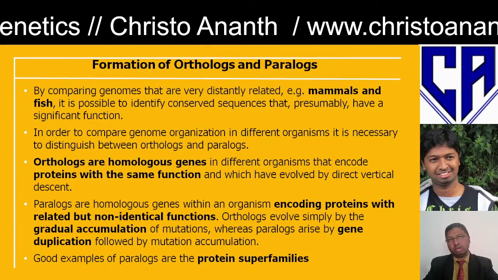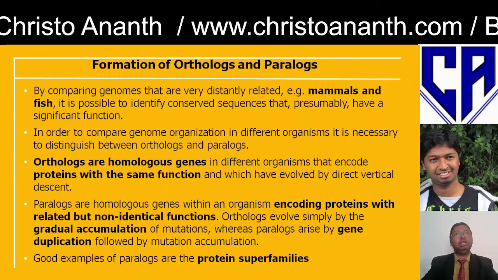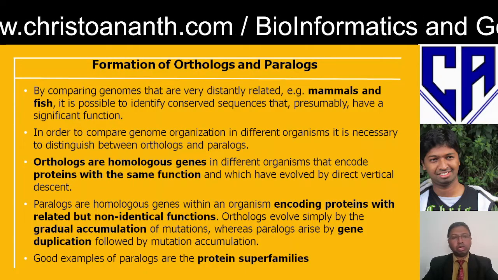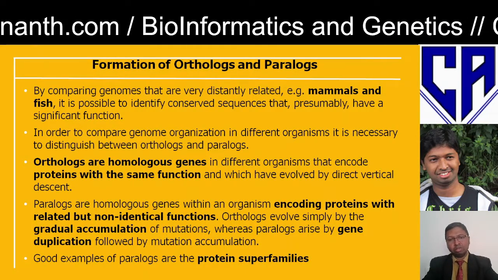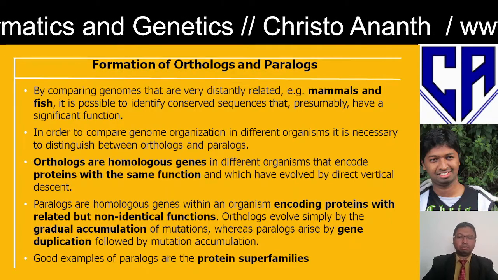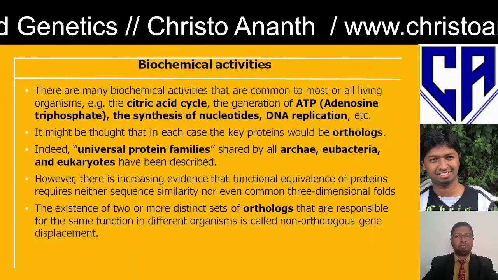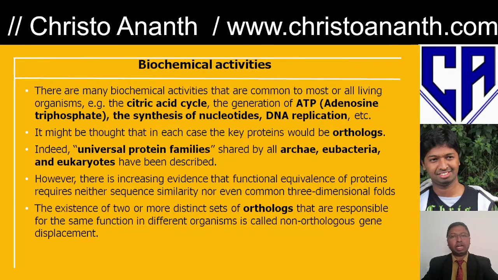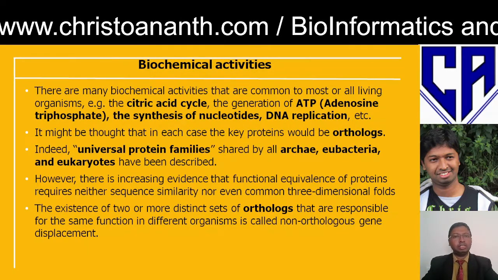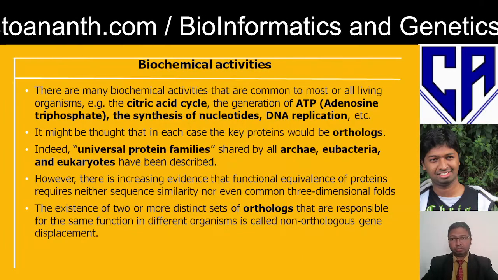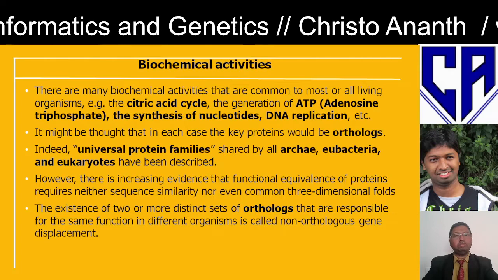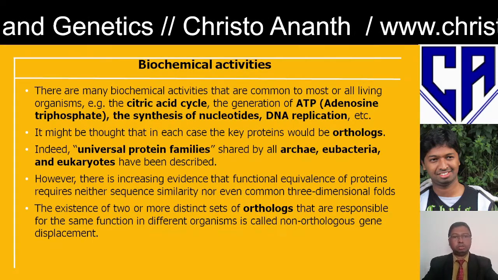So we have gene duplication and then mutation accumulation. Protein superfamilies are considered better examples of paralogs. There are also several biochemical activities taking place in living organisms: the citric acid cycle, ATP, that is adenosine triphosphate, synthesis of nucleotides, DNA replication, and so on.